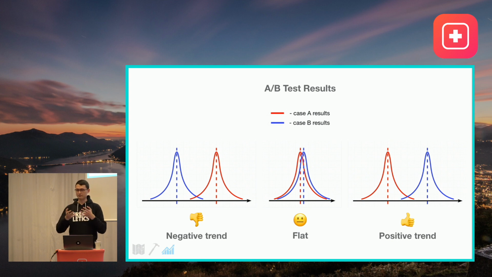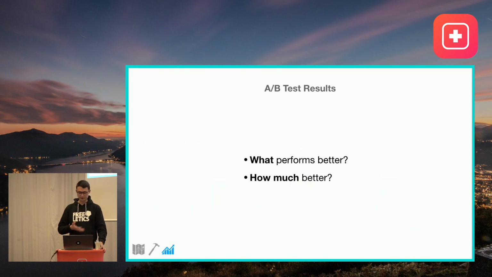And if results are flat, then the feature is decided by the product owner. For example, we would still go with a new design which fits better to the flow, even if results are flat. And what we got at the end of this A/B test: first we answered the question which case performed better or the same, and also we have proven data on how much better our new solution performs.